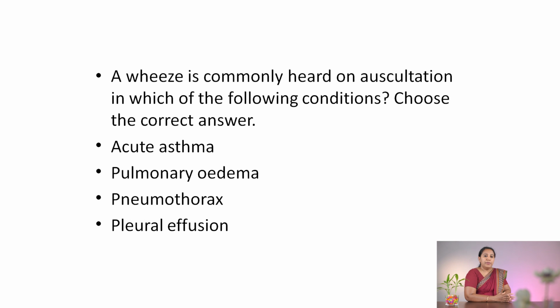The second example is: a wheeze is commonly heard on auscultation in which of the following conditions? Is it acute asthma, pulmonary edema, pneumothorax or pleural effusion? As you know, the correct answer is acute asthma.